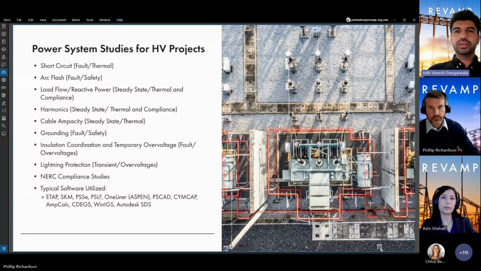The typical software used for these studies include ETAP, SKM, PSSE, PSLF, and Aspen OneLiner. For transient studies, we have PSCAD. For cable ampacity analysis, we typically use SimCap and AmCalc, CDEGS and WinIGS for grounding analysis, and we have Autodesk SDS for lightning protection studies. Next, we'll go through an overview of each of these studies. Next slide, please.